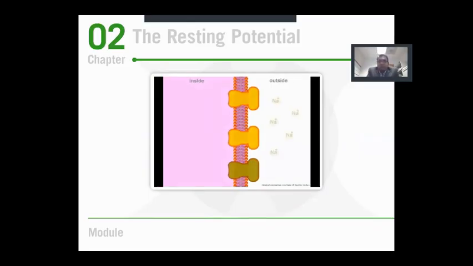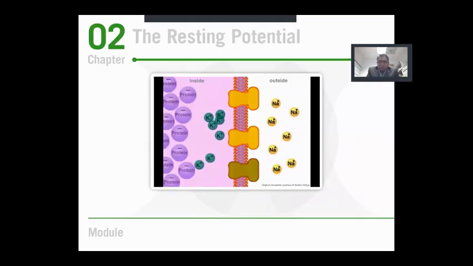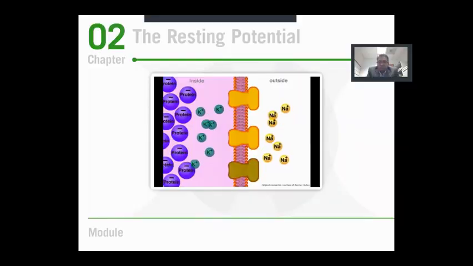During the resting potential, sodium ions, which carry a positive charge and are represented here as yellow spheres, are found mostly on the outside of the axon. Potassium ions, which also carry a positive charge and are shown here in green, are located mostly on the inside of the neuron. Large negative charged protein molecules are always found inside the cell.